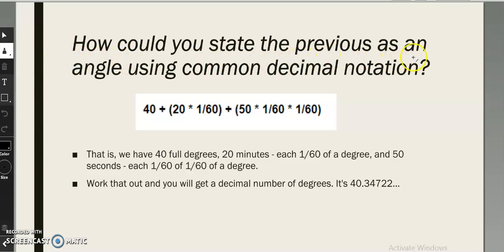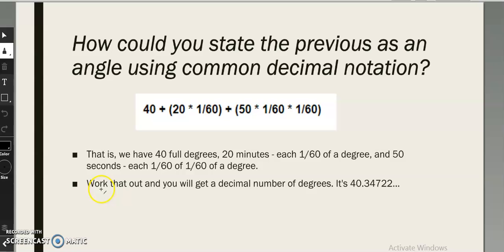How could you state the previous as an angle using common decimal notation? Well, the way to go back would be to multiply each part by that 60 that we were speaking of. So we have 40 degrees, so we leave that alone. We have 20 minutes, so that's 1/60th of a degree.